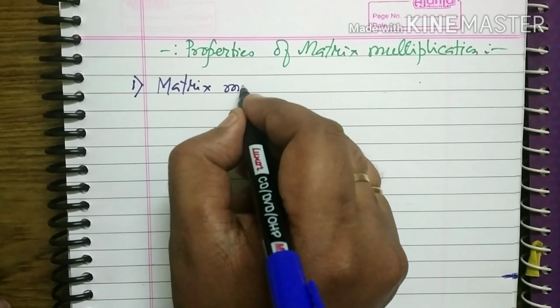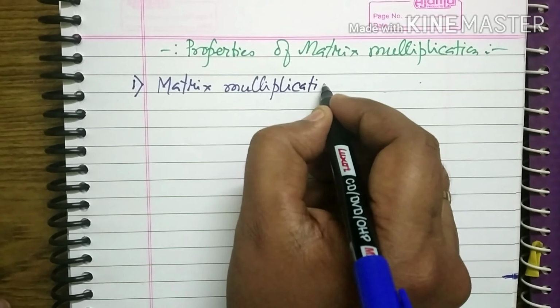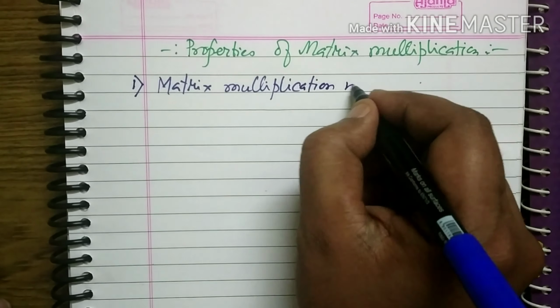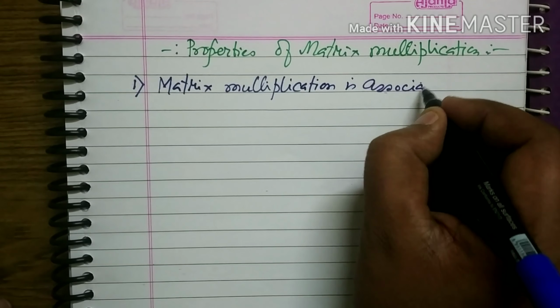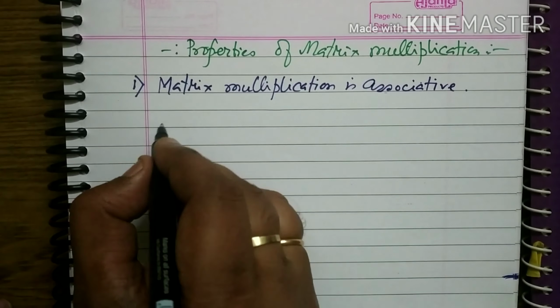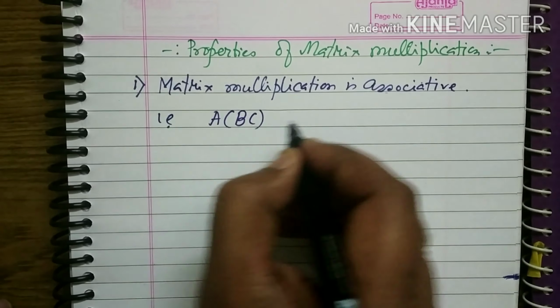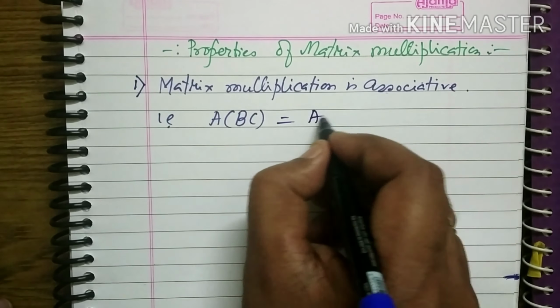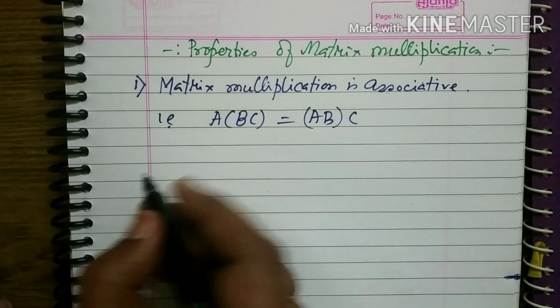Matrix multiplication is associative, that is, (AB)C is equal to A(BC). Okay.